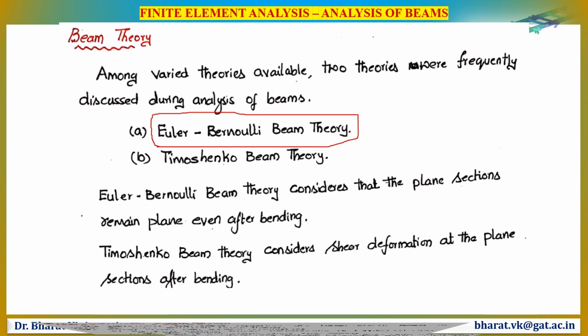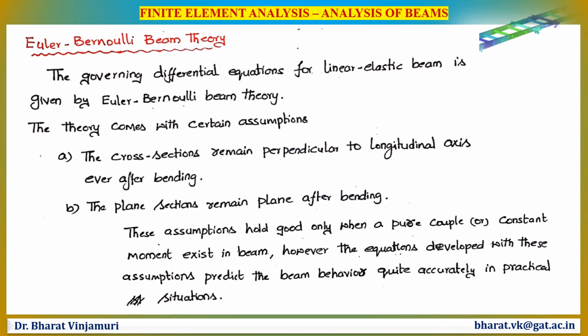Euler's theory holds good for the beams which deform within elastic limits. The theory comes with certain assumptions. The cross-section remains perpendicular even after bending, and the plane section remains plane without any shear deformations. These assumptions hold good when there is a pure couple or constant bending moment in the beam.